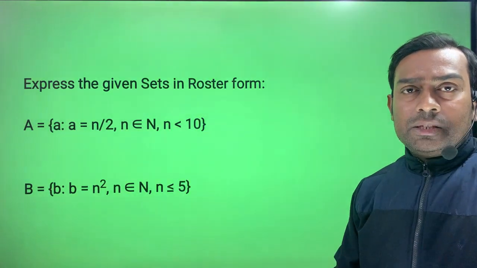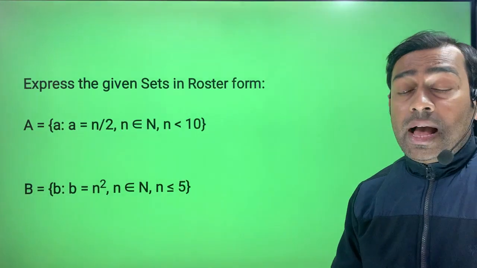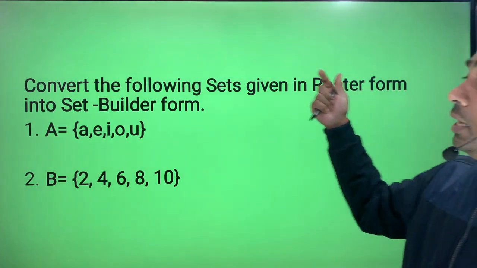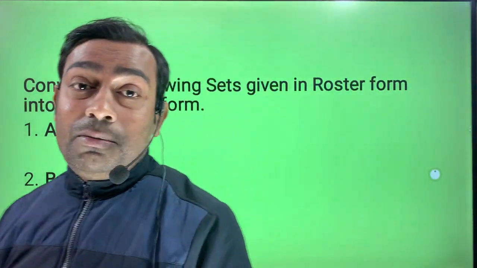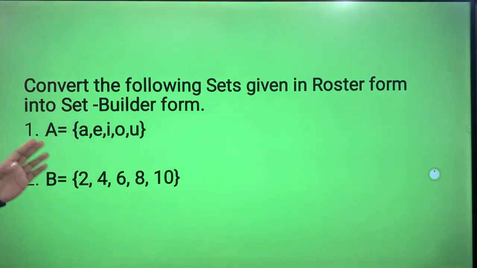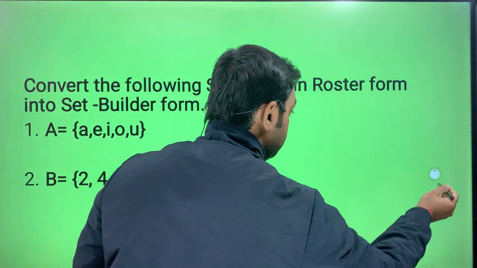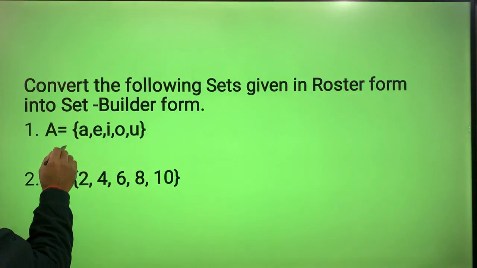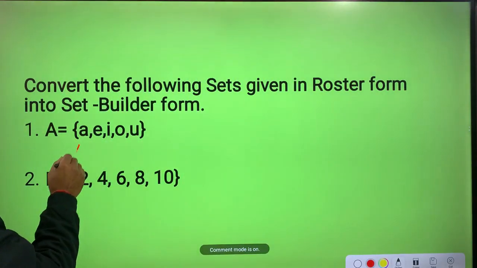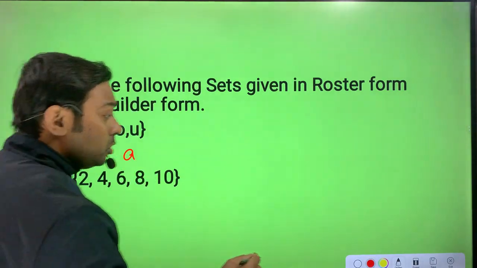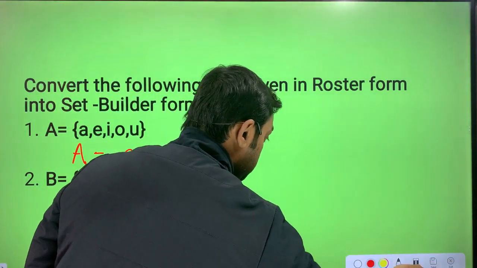How will you express one form of the set into another form? So now next is convert the following sets given in roster form into set builder form. Just reverse. So I can say what? A is the set where x belongs to, or we can take x also, no problem.